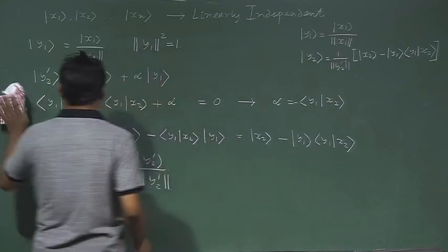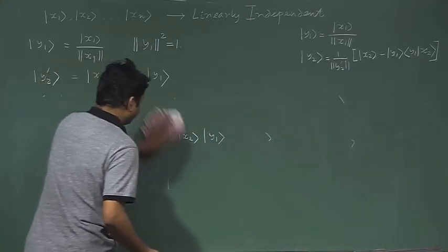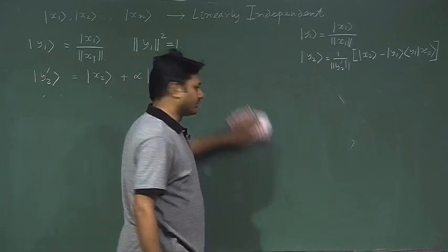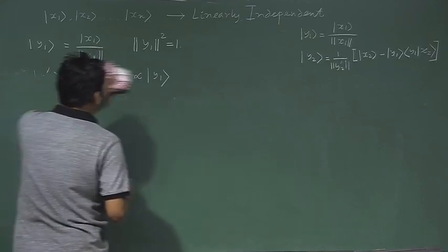In a similar way, let me find out y3, because I need to find y1, y2, y3 up to yn. So, I am not going to stop here. Let me find out y3.